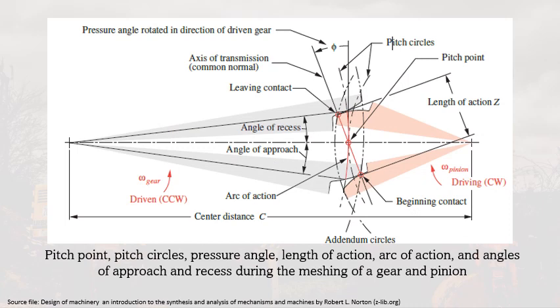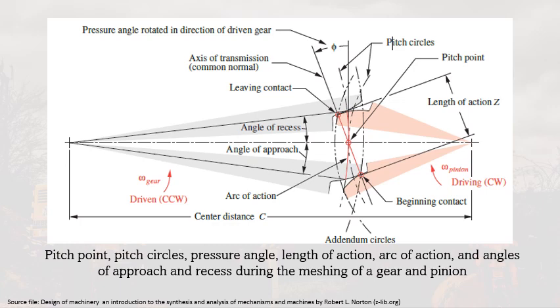To locate the pitch point, you can see here another pair of involute tooth forms in two positions, just beginning contact and about to leave the contact. The common normals of both these contact points still pass through the same pitch point. It is this property of the involute that causes it to obey the fundamental law of gearing.